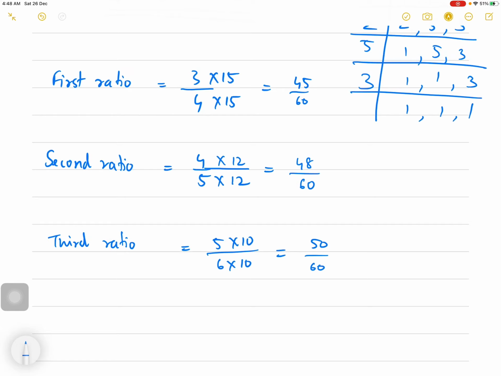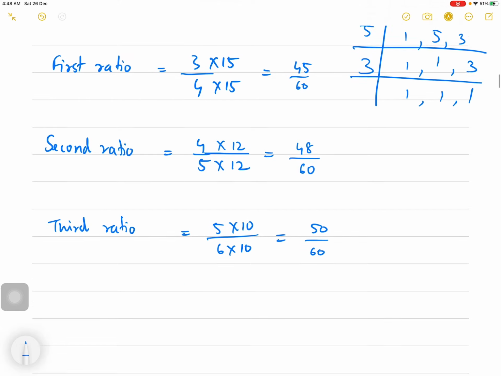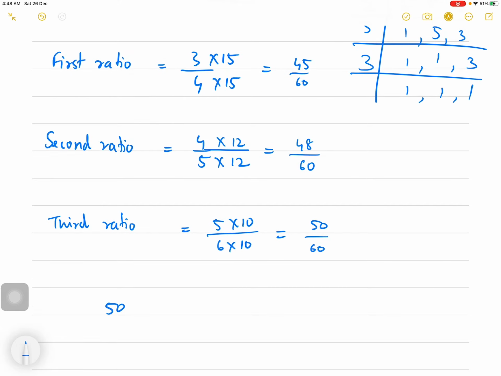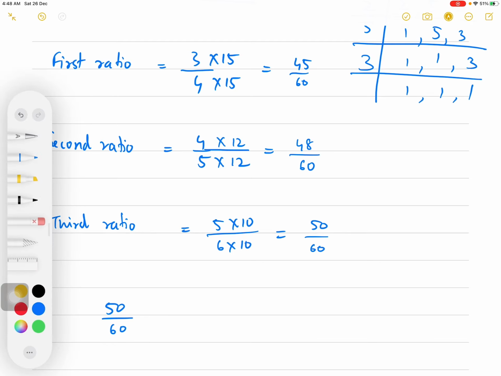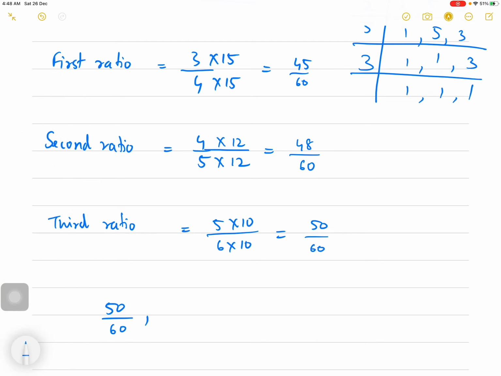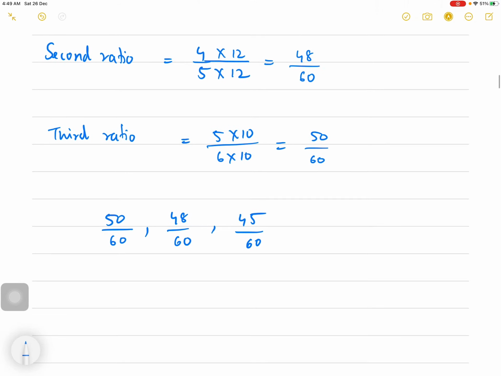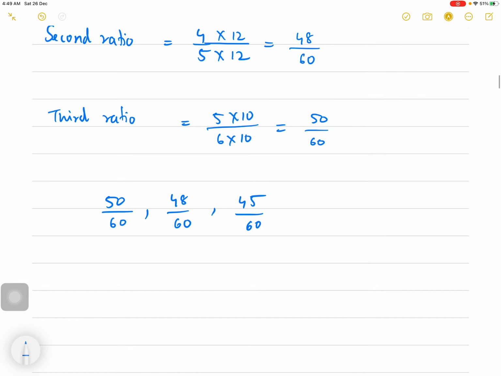That means the biggest number first. So 50 is greater than 48 and 45, right? So first I'll write 50 by 60, then I'll write 48 by 60, and then 45 by 60, right?